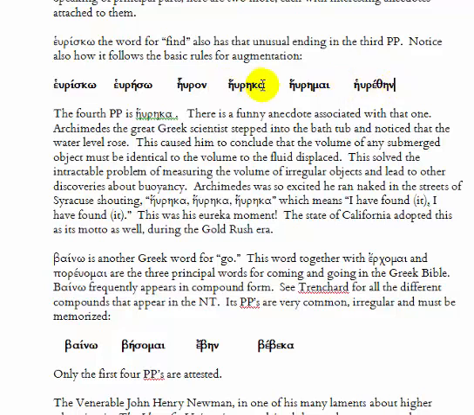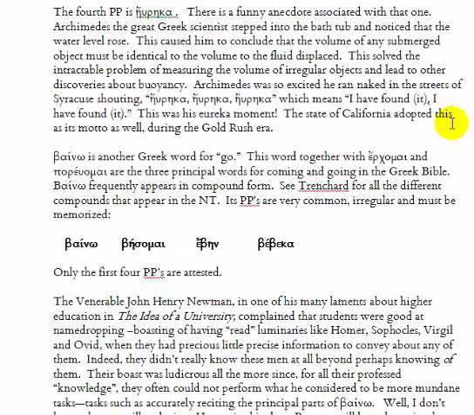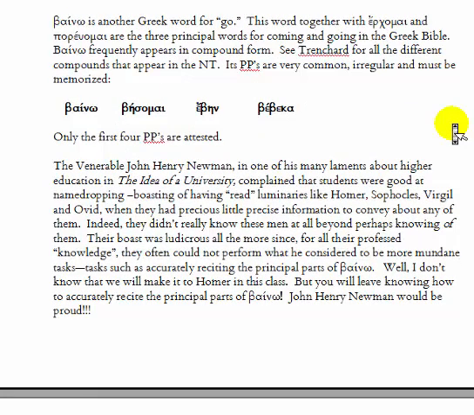This fourth principal part is probably one of the most famous words in ancient Greek. It's the term that Archimedes exclaimed when he had discovered the principle of buoyancy. He ran out of the bathtub naked, down the street yelling, "Heureka! Heureka!" In other words, I have found. That's the Eureka moment. That's where the California state motto came from as well.